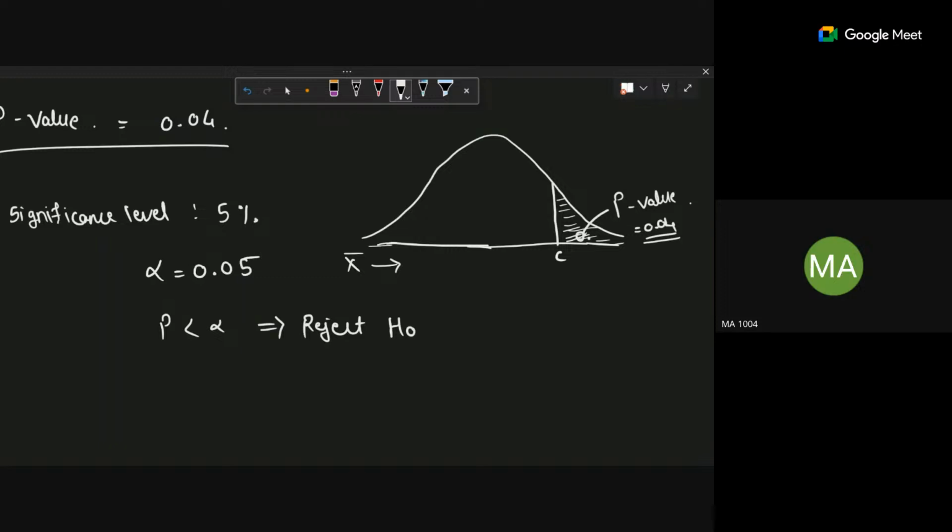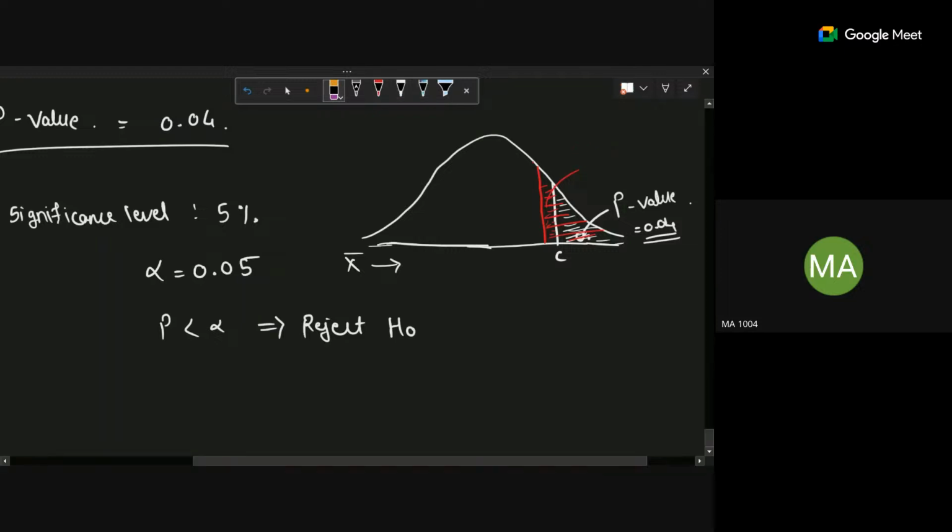Now you are checking for alpha 0.05. Can you say where alpha will lie? Will it lie under this p value region or greater than that? It is greater than that, ma'am. Okay, so somewhere here it will cover some part here also, right? Considering both parts, that is my alpha value.